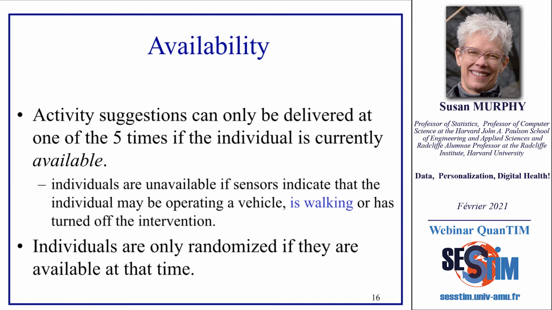All of these activity suggestions were for a different new walk, a new activity. So if the individual is already walking, we don't want to interrupt them and suggest they change their walk. So only if individuals are available are they randomized at a particular time. Again, this could happen 5 times a day over 42 days, so 210 times.